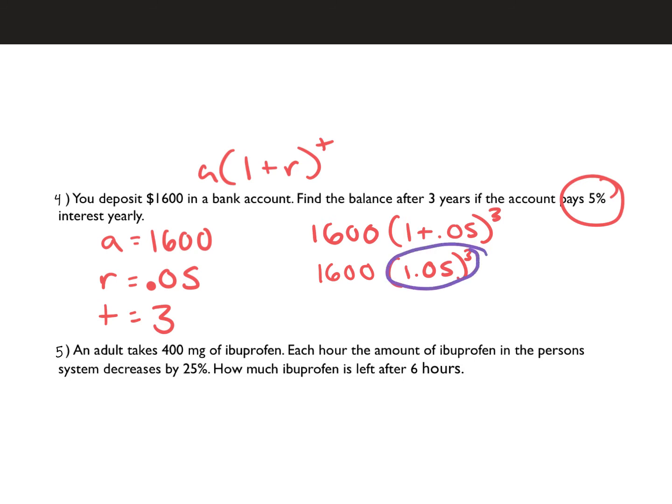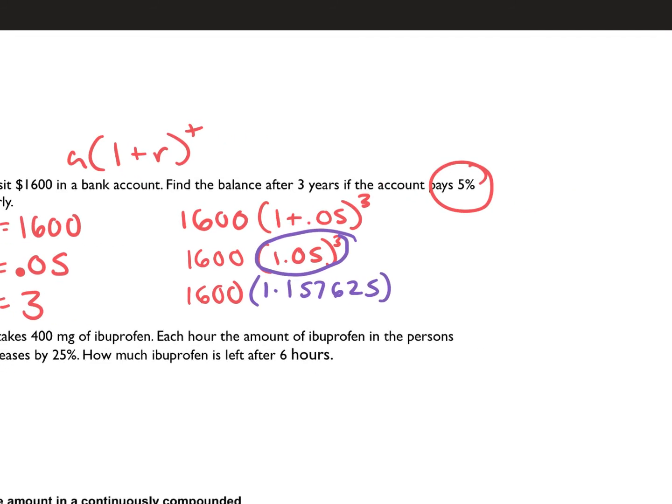So 1.05 to the power of 3. So that should give us 1.157625. But we keep that in our calculator, and what's the last step? Multiply times 1,600. So what do we get as our final answer?